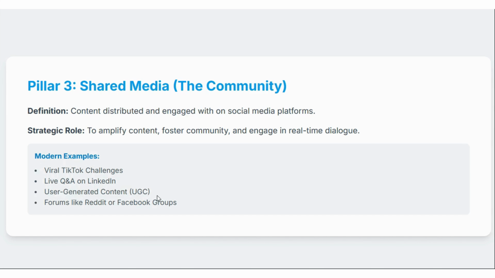It's one of the best efforts for content marketing. It's hard to achieve, but it can be done even for small businesses. And forums like Reddit or Facebook groups, any social media where people are talking about you, that is shared media.